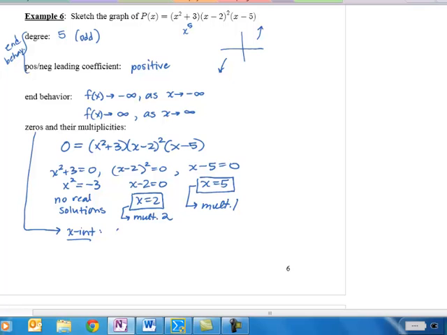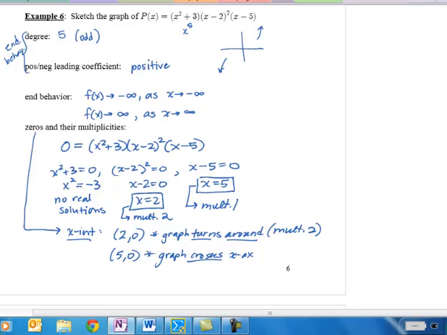So at the x-intercept (2, 0), because that factor had an exponent 2, the graph is going to turn around because of multiplicity 2 on the related factor. But at the x-intercept (5, 0), the graph will cross the axis because of multiplicity 1.